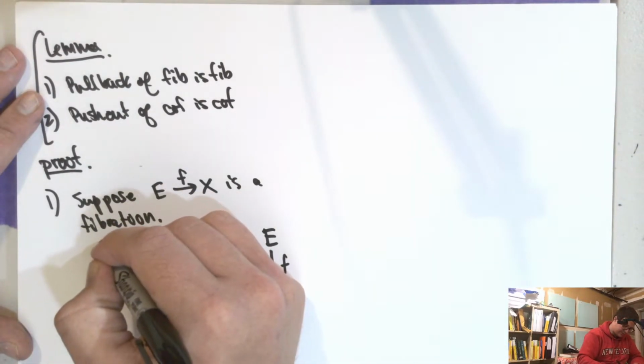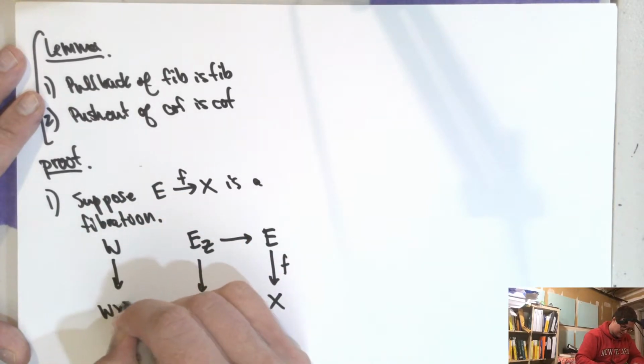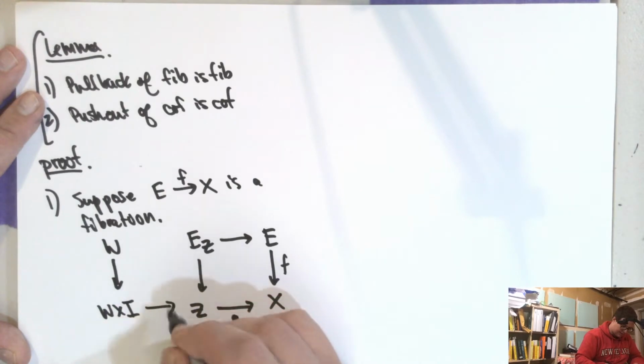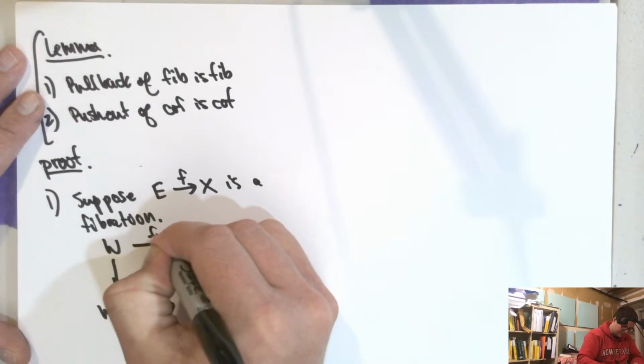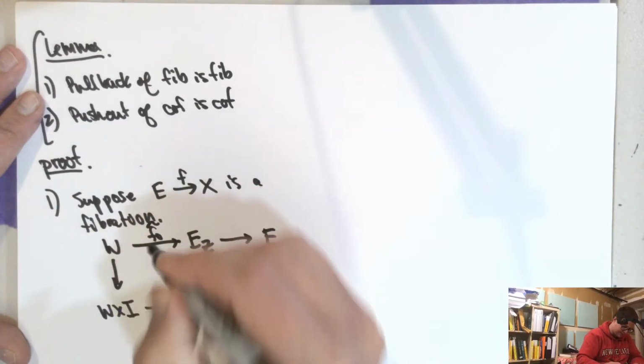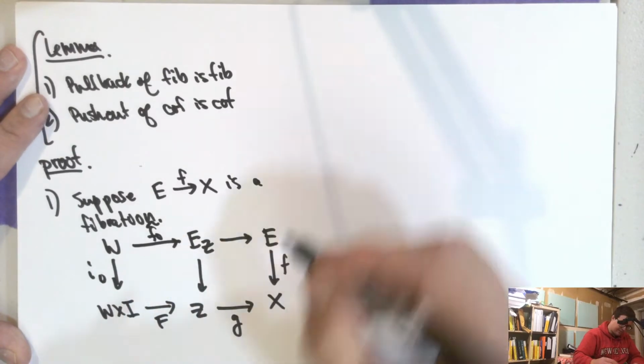In particular, if we have some test space here, and a homotopy here, and some seed homotopy, some beginning of a lift of the homotopy, we want to get a map from here to here.